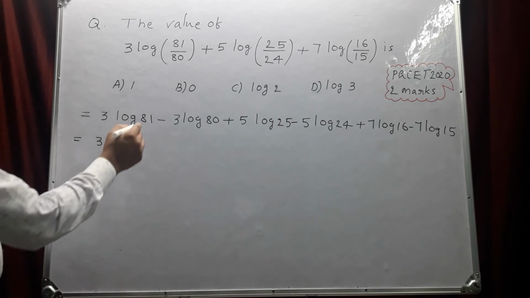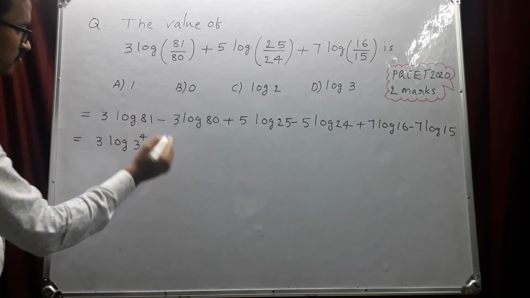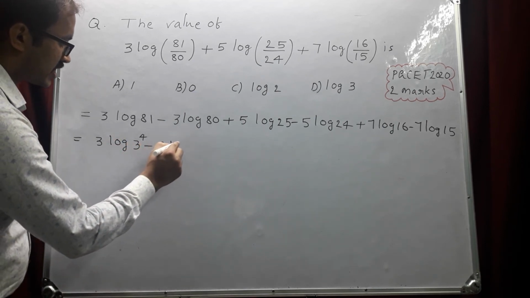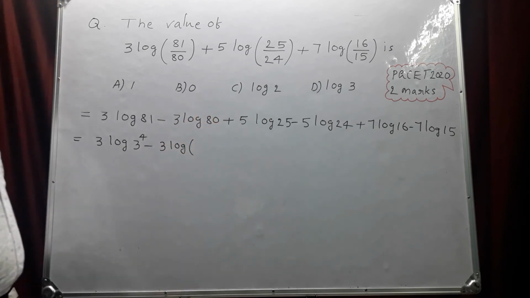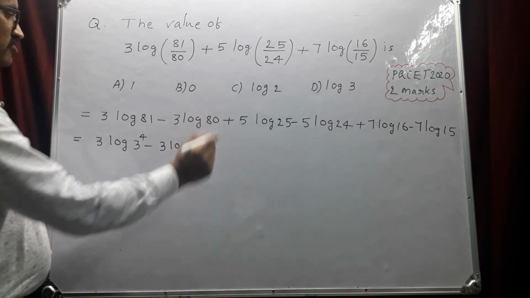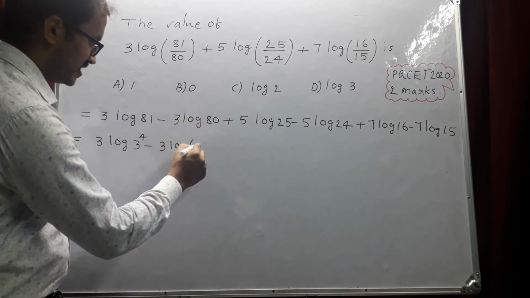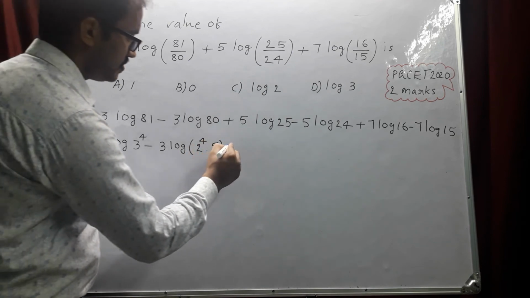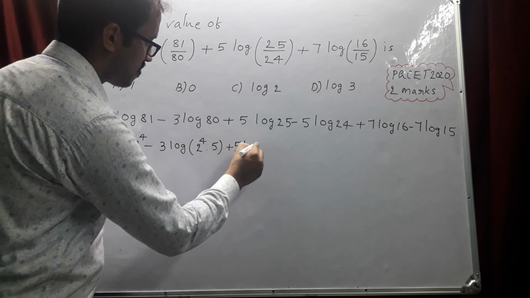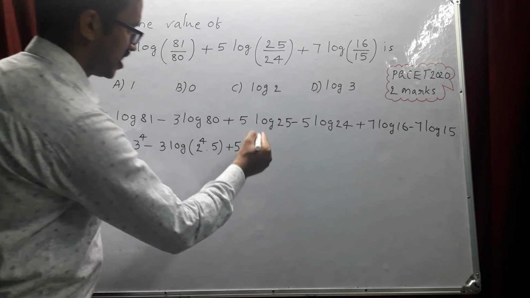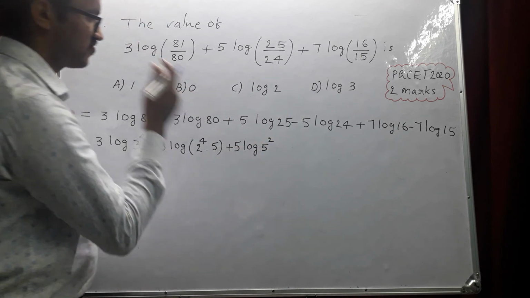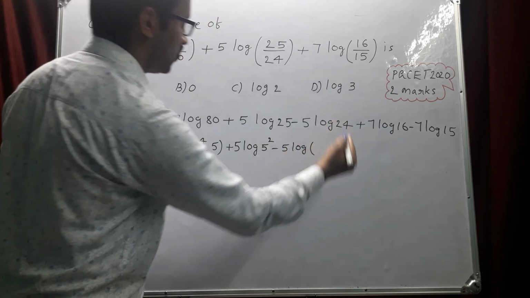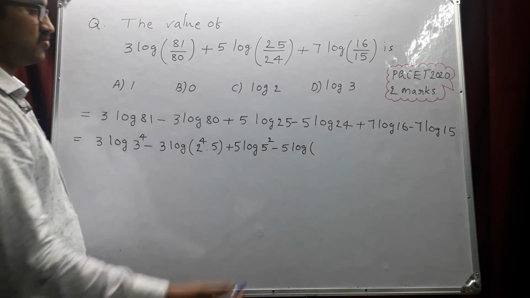81 means 3 power 4, we know the value is 81. Similarly, 3 log 80. 80 can be written as 16 5s are 80. So 16 I will write as 2 power 4 into 5, plus 5 log 25. 25 can be written as 5 square, minus 5 log 24. 8 3s are 24.